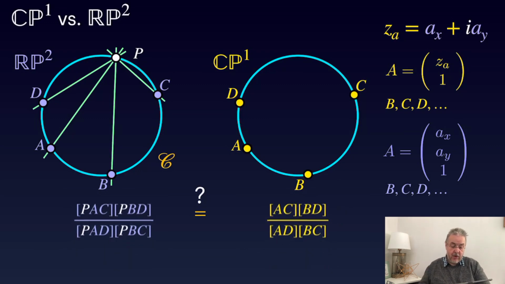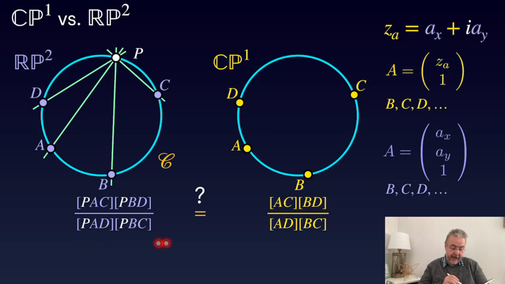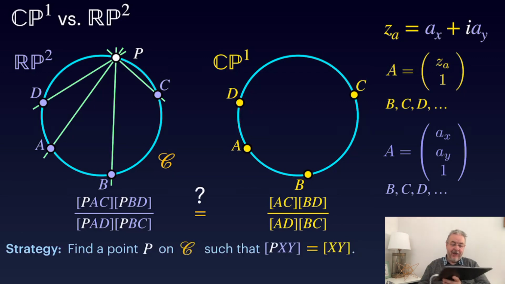Okay, let's do the calculation and really check that those two cross ratios are the same. So what would be a good strategy for that? Well, I haven't talked yet about our point P. So P is a generic point, so just any point on our circle here.